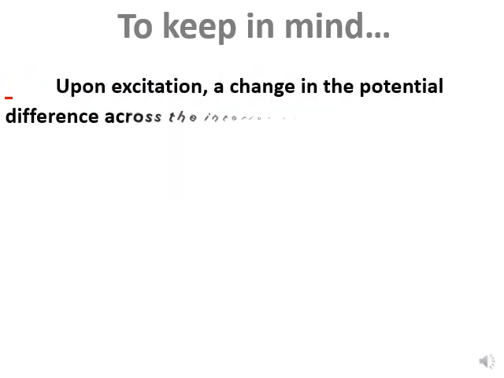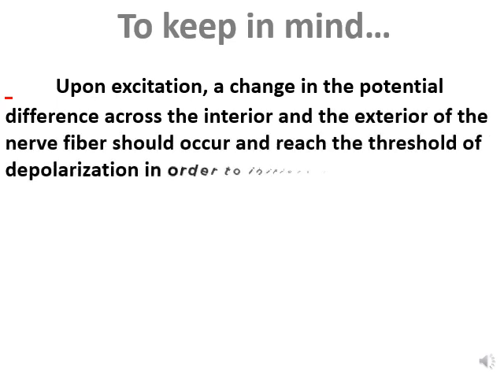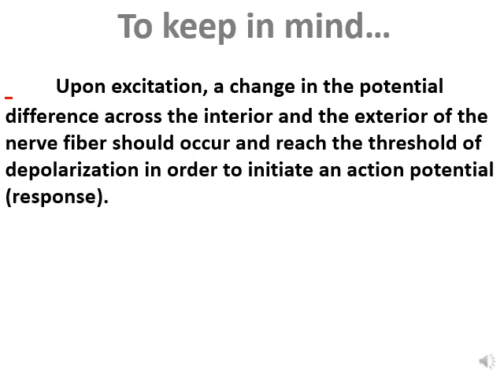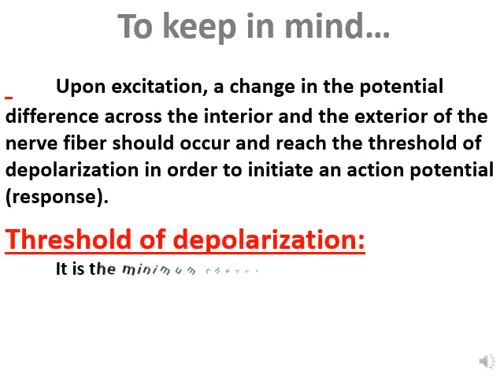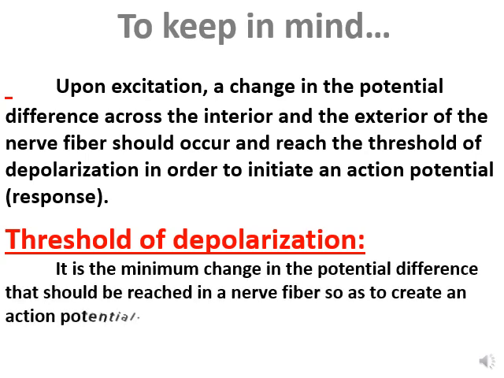Moving now to the threshold of depolarization. Upon excitation, we have a change in the potential difference between the interior and the exterior of the nerve fiber. And this should reach the threshold of depolarization in order to initiate an action potential. What is the meaning of threshold? You have to study these. It's the minimum change in the potential difference, delta V, that should be reached in the nerve fiber to create an action potential.